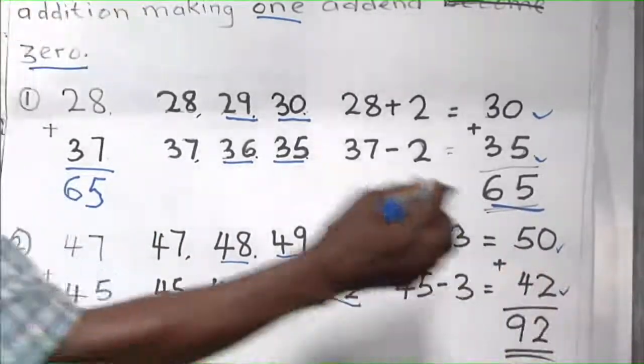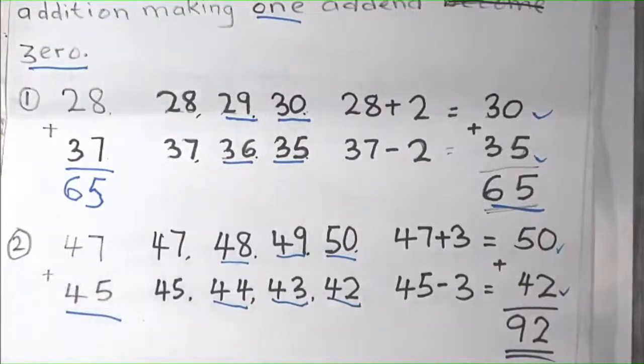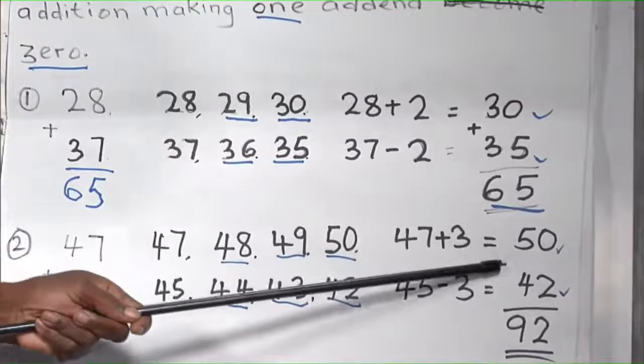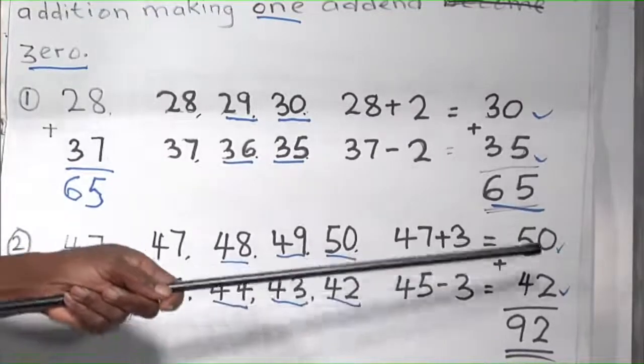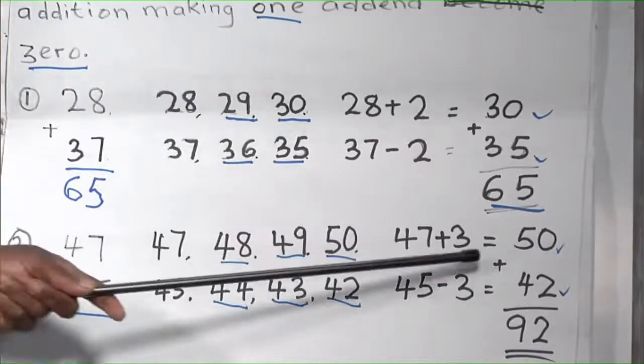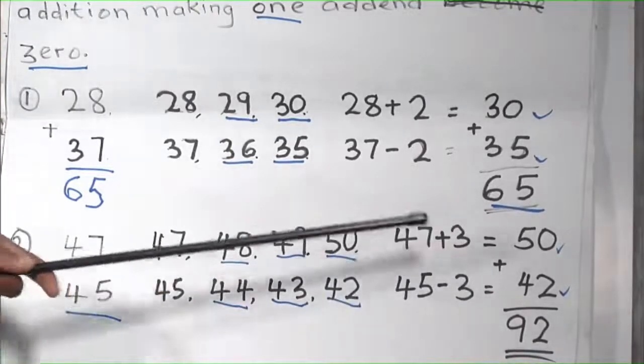That is here. So the problem is now 50 plus 42.